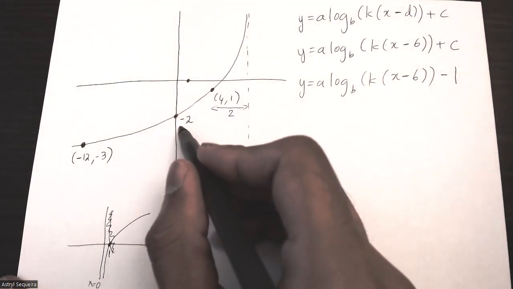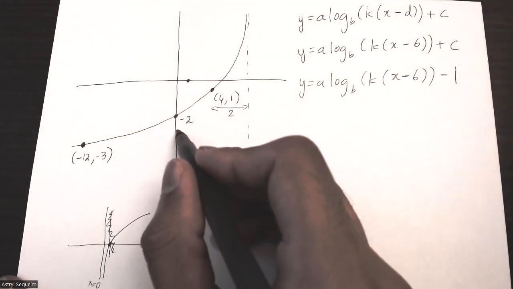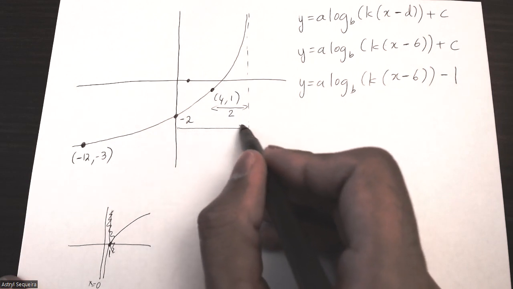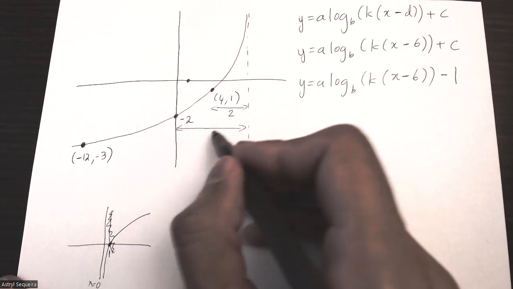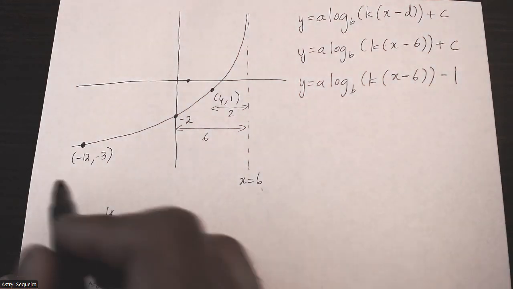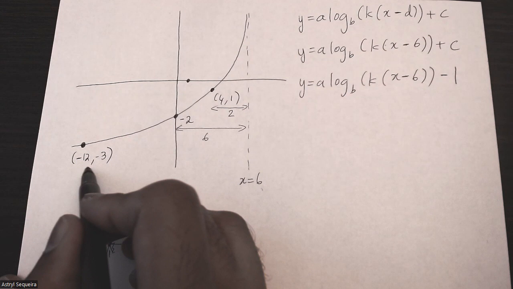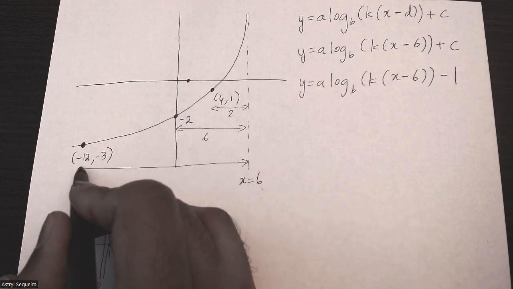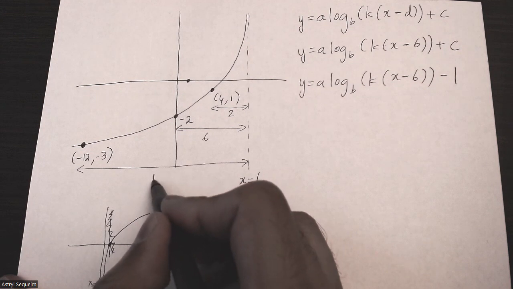My second point right here is at 0. So this is a distance of 6. And then my third point right here is at negative 12. So this is a distance of 18.